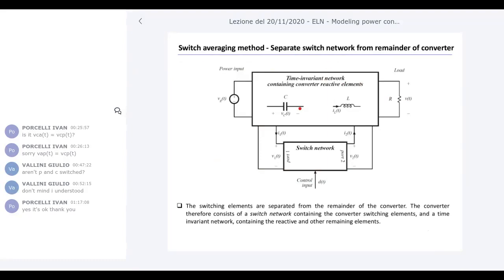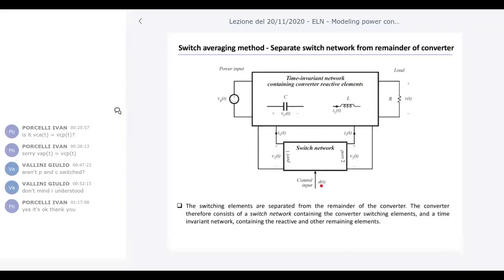If you look at a structure like this one, which is a very generic description of any switch mode power converter, you can see that you have an input, VG or Vin in our previous notation. Then you have the load, and the power converter is composed of a lot of time invariant elements, like capacitors, resistors and inductances. But then you have what I called the switch network, which I introduced at the beginning when we talked about the buck.